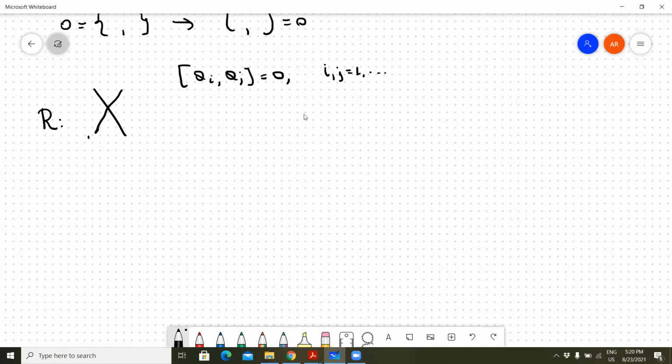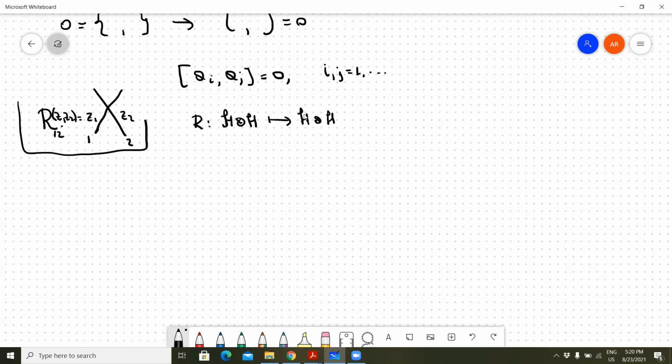This depends on which spaces you are in, for example 1, 2 here, and so this is Z1, Z2.